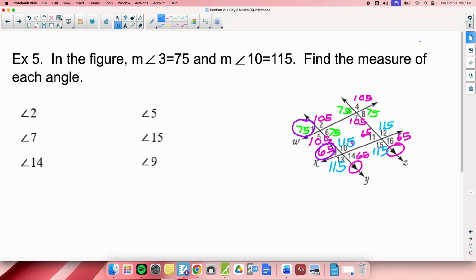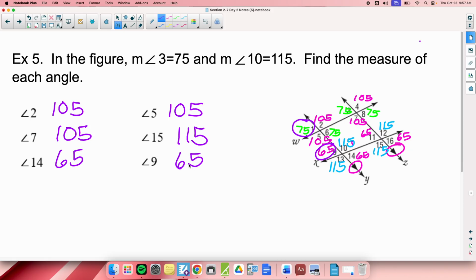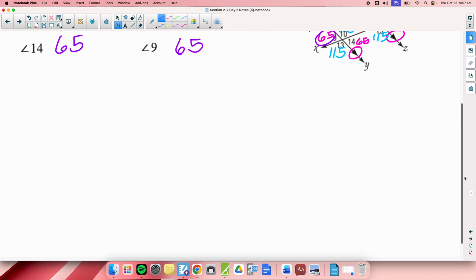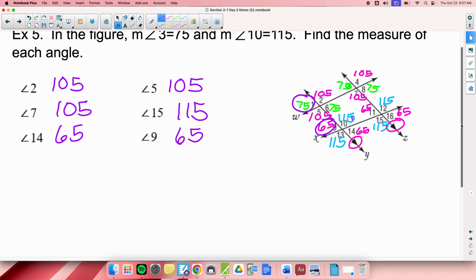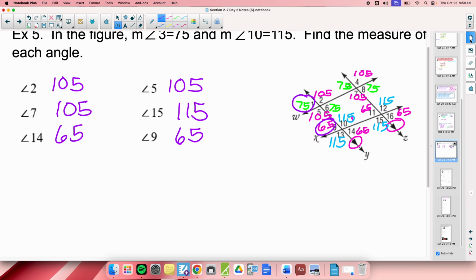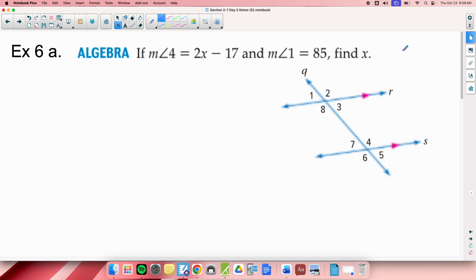So let's see, angle 2 we got 105, angle 7 we got 105, angle 14 we got 65, angle 5 we got 105, angle 15 we got 115, angle 9 we got 65. Okay? All right. Everybody understand that? We're good? Okay, now let's go here.